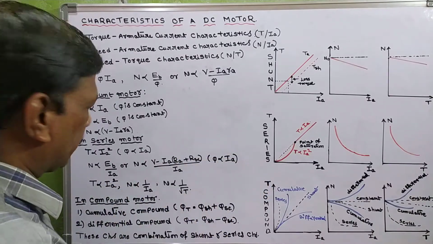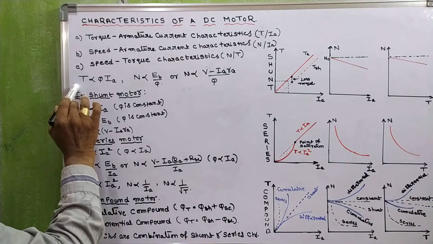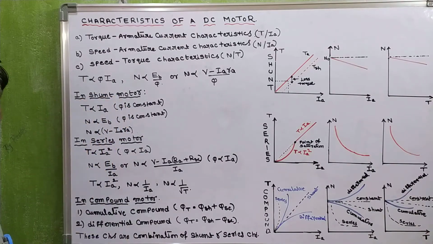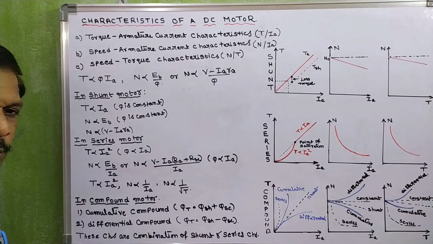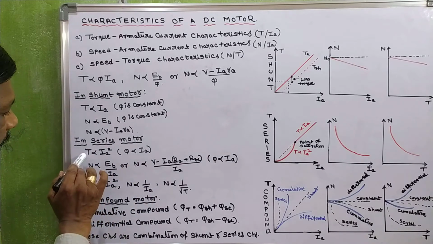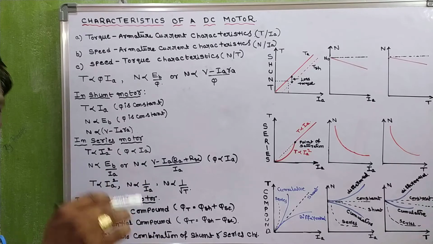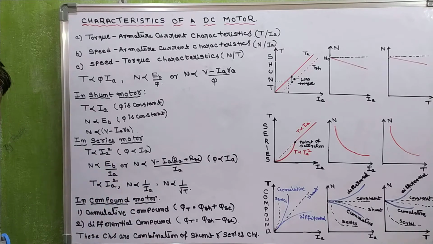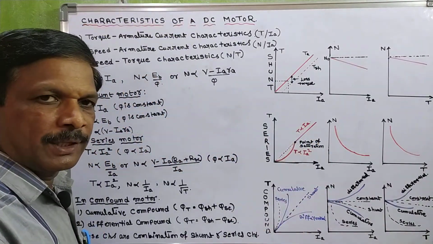Okay, and coming to series motor characteristics. In series motor, torque is proportional to Ia square. Actually, torque is proportional to phi Ia, and in series motor phi is proportional to Ia. So that's why in series motor torque is proportional to Ia into Ia, that is Ia square. Let me see the torque versus armature current characteristic.